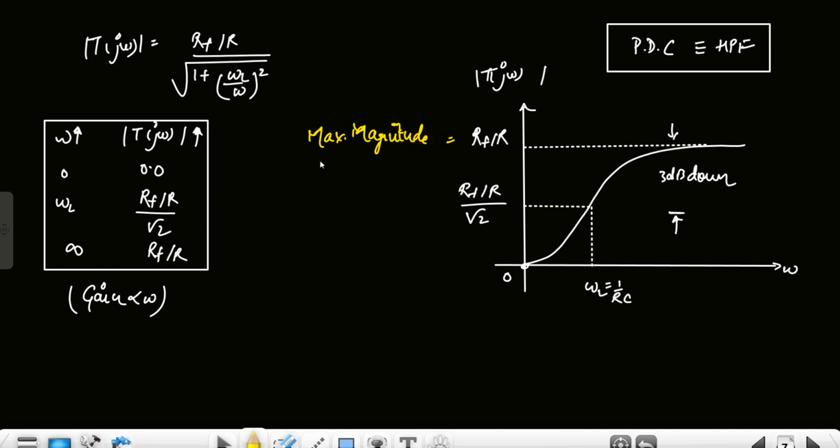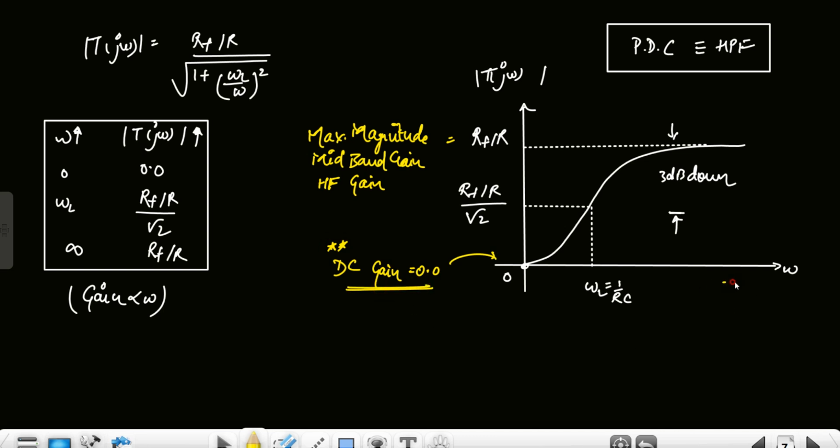This is also known as the mid-band gain, and this is nothing but the high frequency gain of the practical differentiator circuit, and the DC gain of a high pass filter is always 0. So the DC gain of the practical differentiator circuit is 0, which is a very good point.